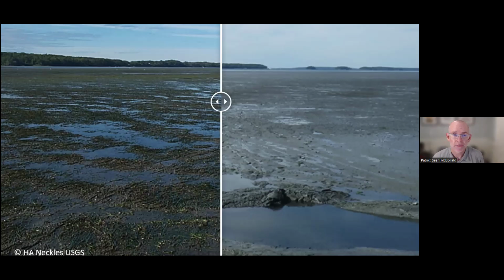The conclusion of the researchers studying this area is that it was the explosion of the green crab population, the foraging behavior of the green crab as they root through the mud looking for mostly small clams and worms, that caused the eelgrass meadow to be eliminated. So they can be pretty destructive, especially when they reach really high abundance.